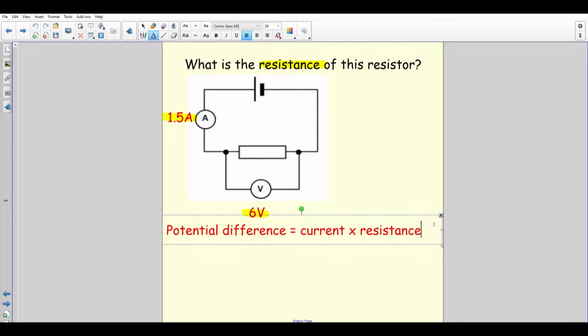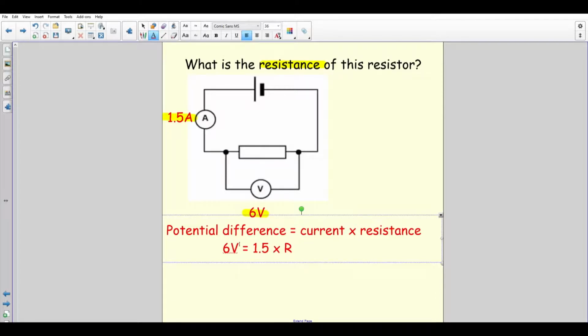Some of you might notice this isn't the right way around at the minute, but I'm not going to try and rearrange yet, and you shouldn't be doing that. I'm just going to put the numbers in where they should go. So 6 volts equals my current, 1.5 amps, times R for resistance. So I've got 6 equals 1.5 times R.